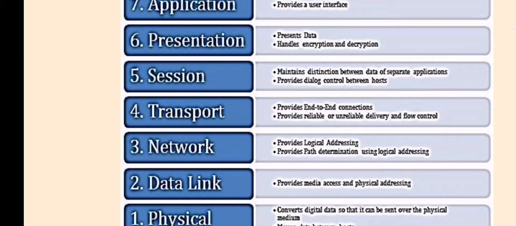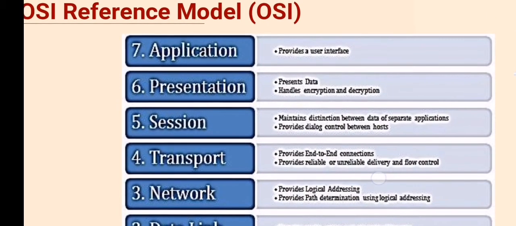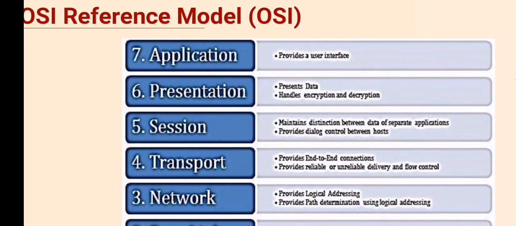The sixth layer is the presentation layer. This layer provides independence from differences in data representation, for example encryption, by translating from application to network format and also vice versa. The presentation layer works to form data into the form that the application layer can accept.